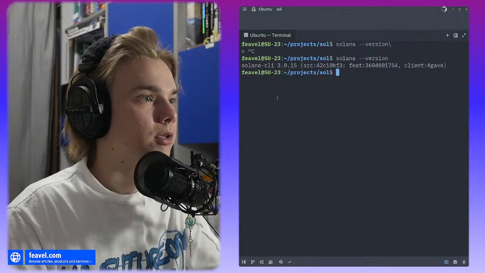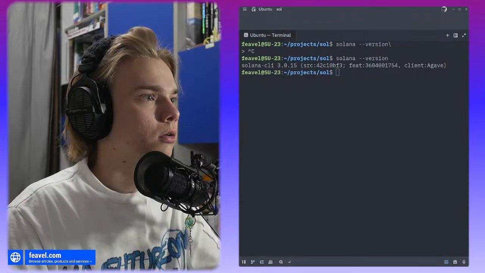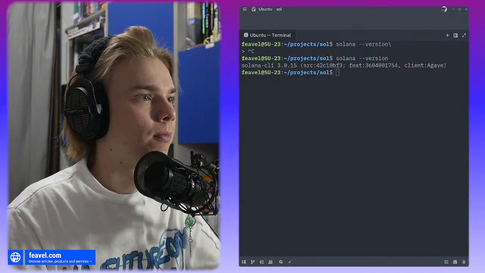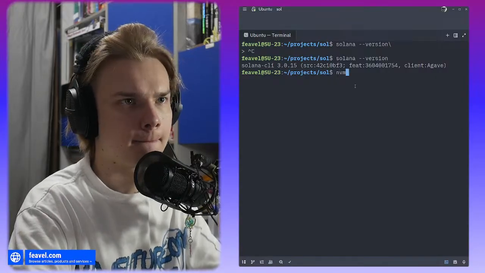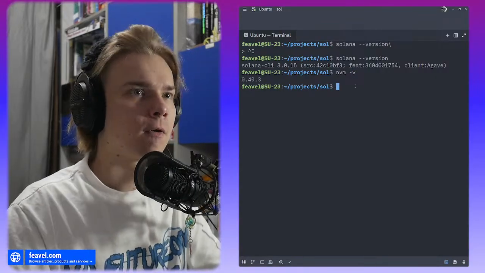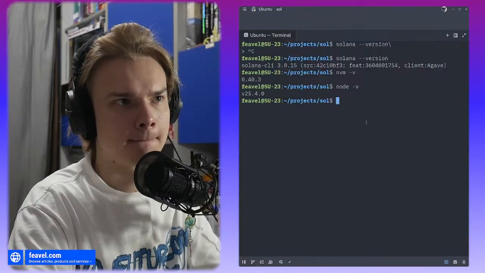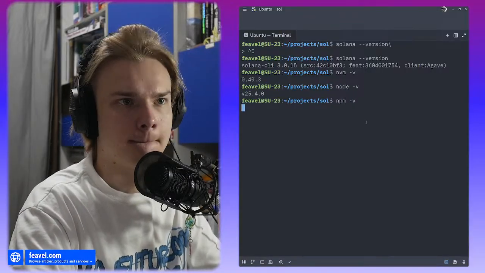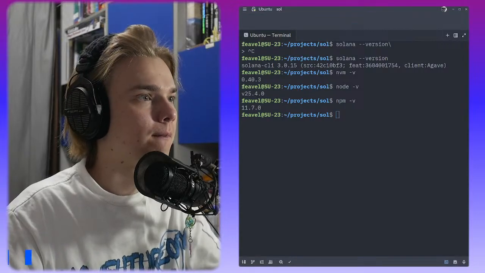Nice. So we have the Solana CLI right now. Okay, so we have Node version manager. We have NVM, Node, and NPM. Okay.